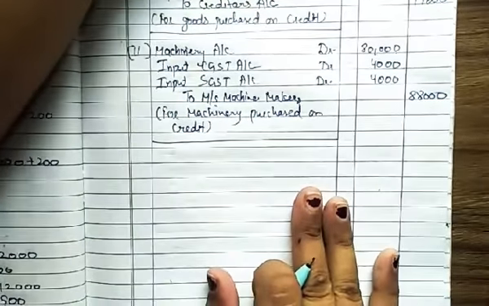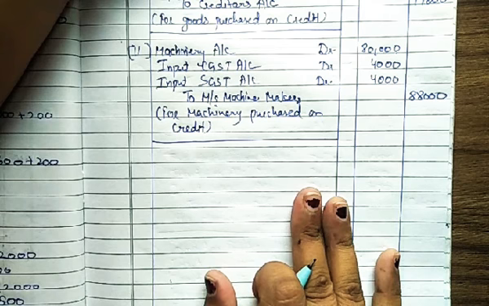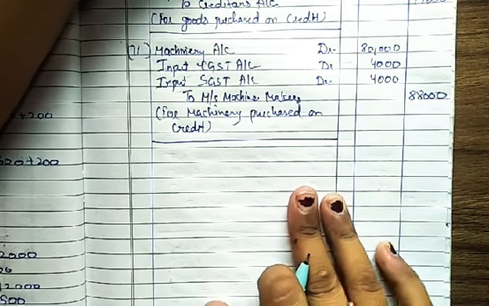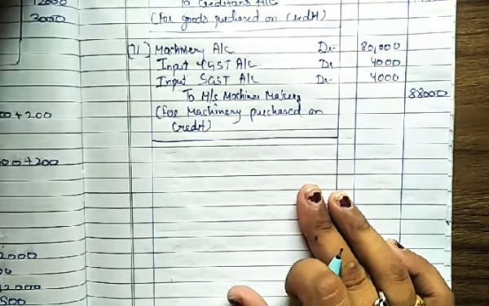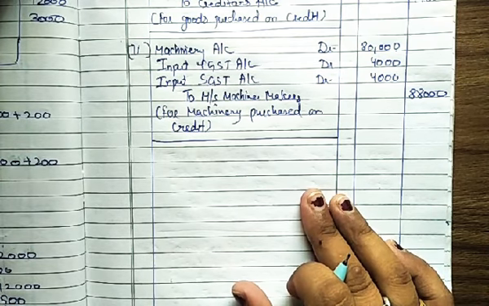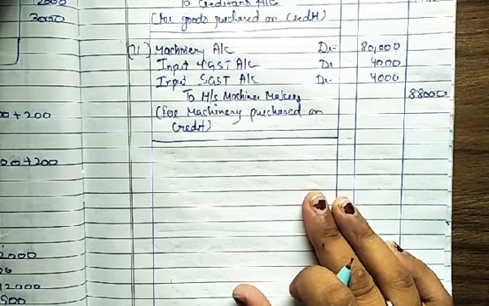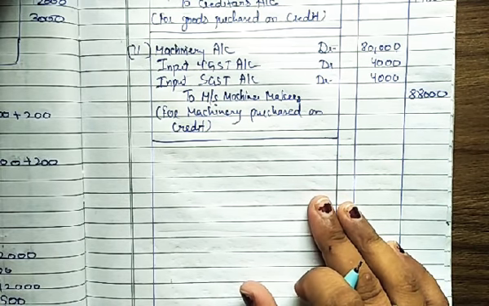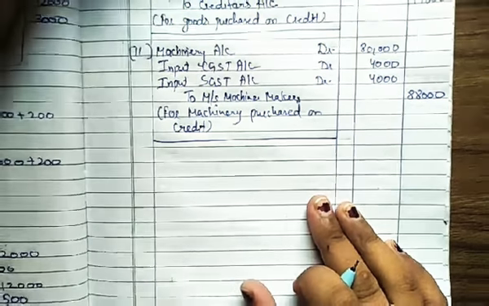Next transaction is he paid for road transport for goods rupees 7,000 and for machinery rupees 20,000. So students, expenses are paid. First of all, he paid road transport, so it is debited to road transport account. Okay, road transport or transport charges account. But he also paid expense on machinery.